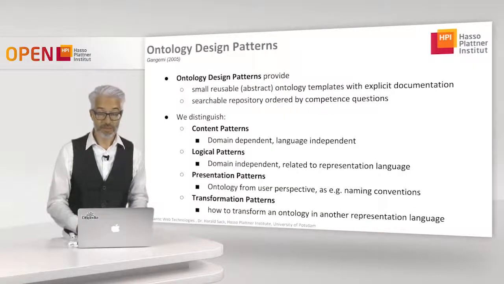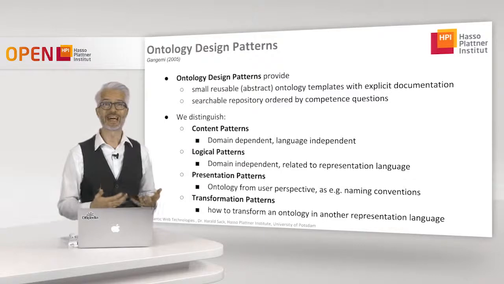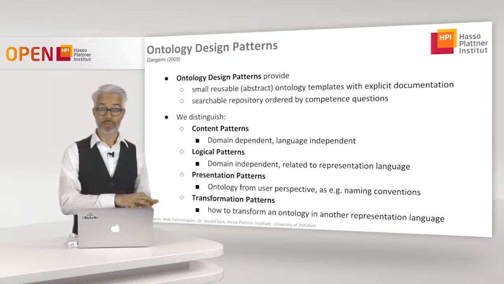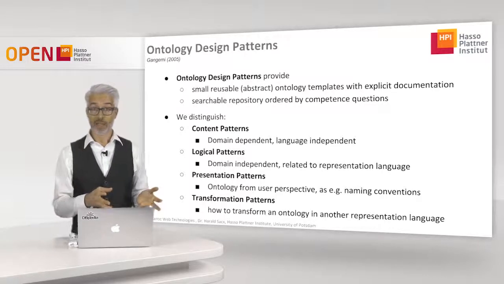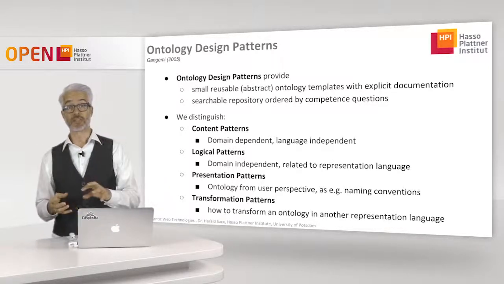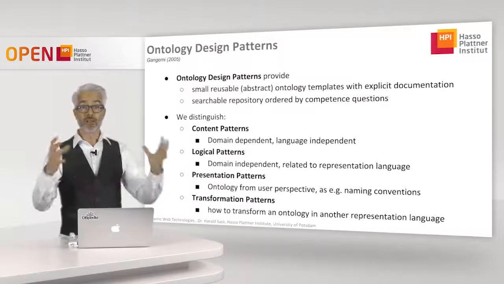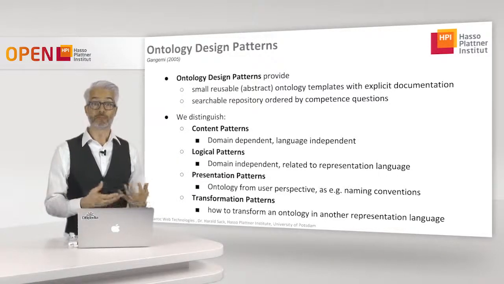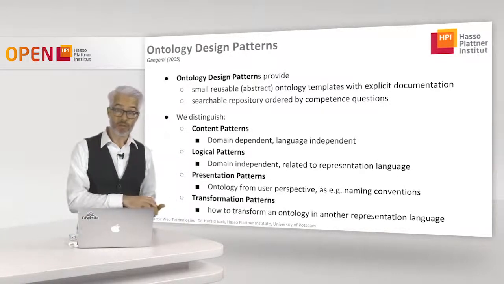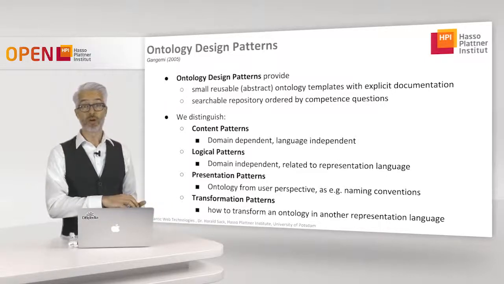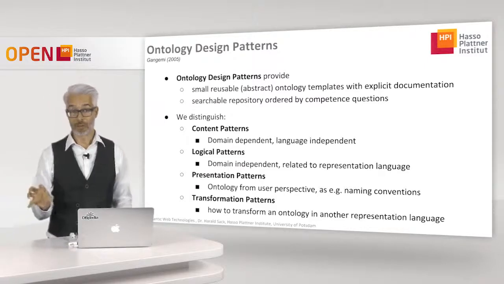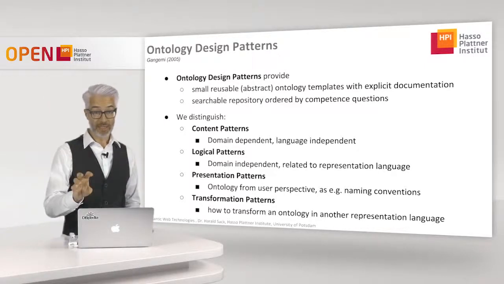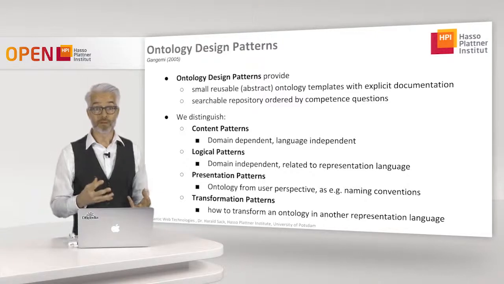So you are using so-called ontology design patterns, and they provide small, reusable, abstract ontology templates with an explicit documentation. And of course, they are all gathered in a searchable repository, and this repository is organized with the help of competence questions, simply because these competence questions will help you to find the correct, the matching building blocks for your ontology.